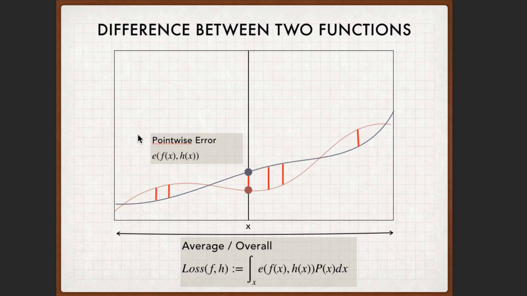To measure the difference between two functions, it is not only the pointwise error that is concerned, it is the average or the overall error over the entire x space, the entire data space, that we are really focused on.